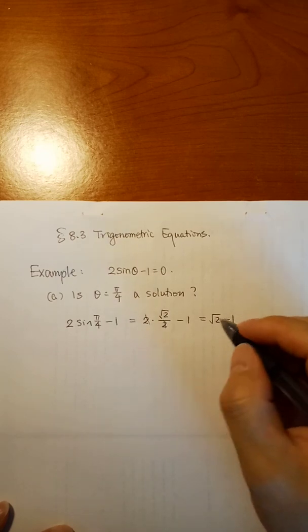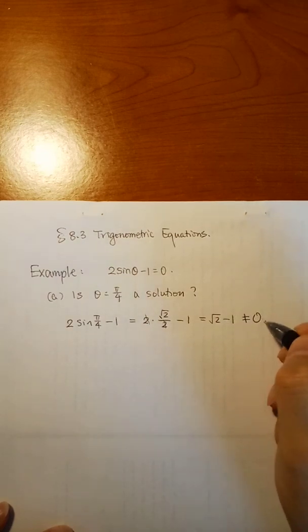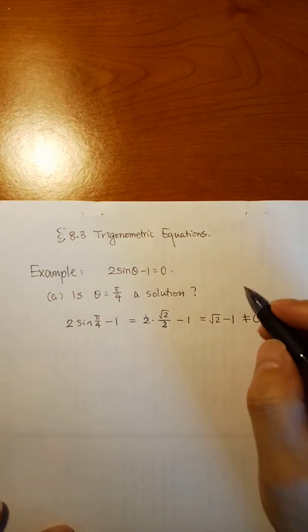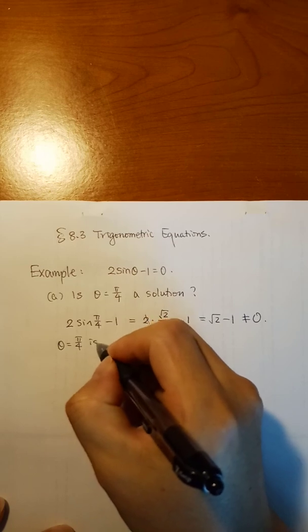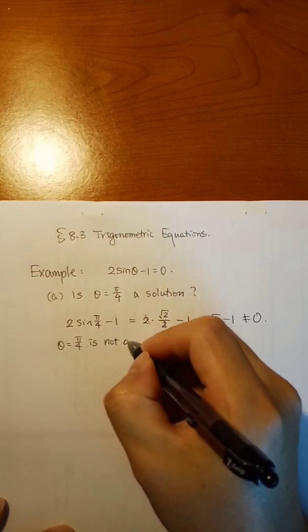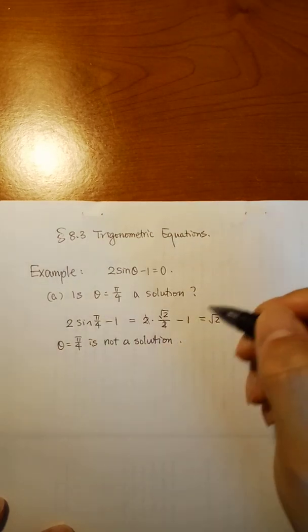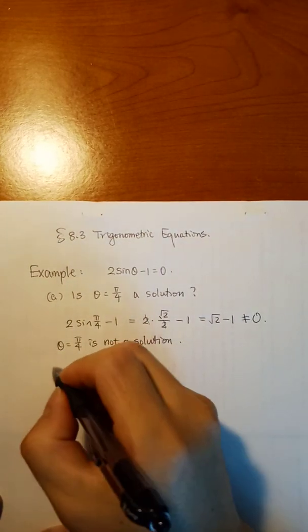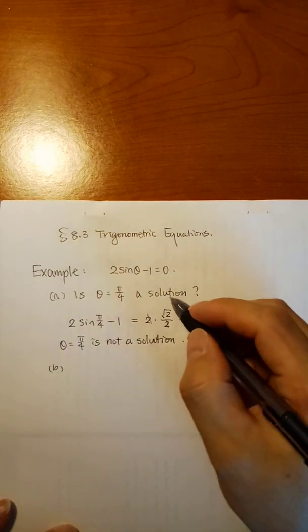And we know that the square root of 2 is not equal to 1, so this difference is not equal to 0. Since it's not equal to the right-hand side, theta equal to pi over 4 is not a solution. And of course the answer is no.